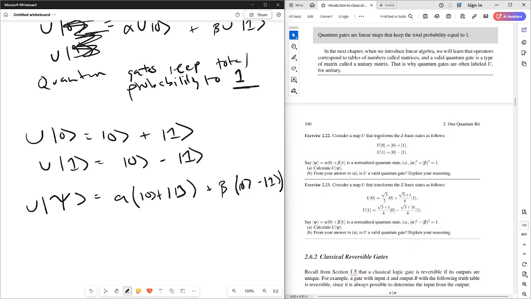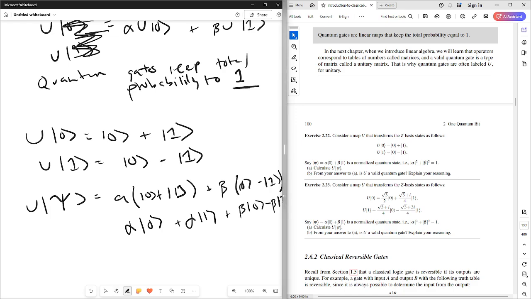Well, did we change the amplitudes? Let's take a look. State 1, we wind up with alpha plus beta, state 0, alpha or plus alpha minus beta, state 1.